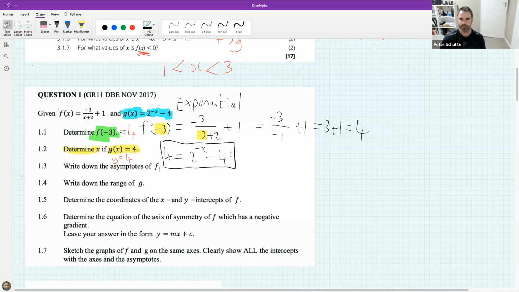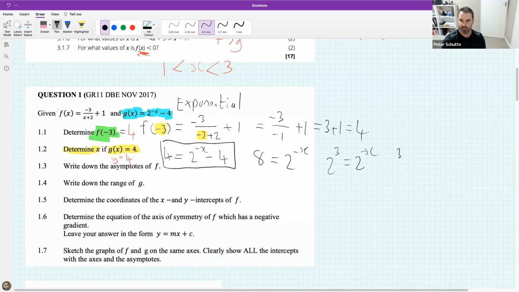Well, normally when we solve equations, we try and get the x by itself. And so that's a good tip to think about. Like if I bring this minus 4 across, I'm going to get 8 equals 2 to the minus x. And now it feels like we're in the land of exponential equations. So we say, well, we need bases to be the same. So we get 2 to the 3 equals 2 to the minus x.